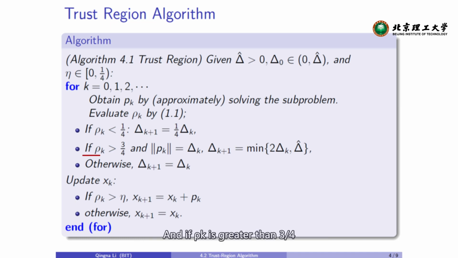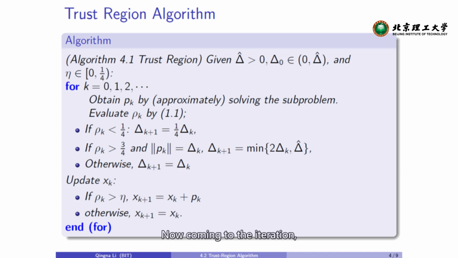And if rho k is greater than 3/4, then we further check the length of the direction. If it reaches the trust region radius, it means that the current trust region radius may restrict the step. In this case, we enlarge the radius to twice. In other cases, we keep the current trust region radius.